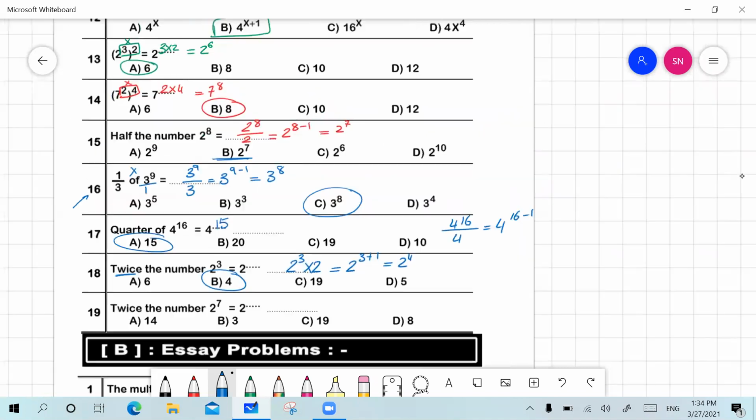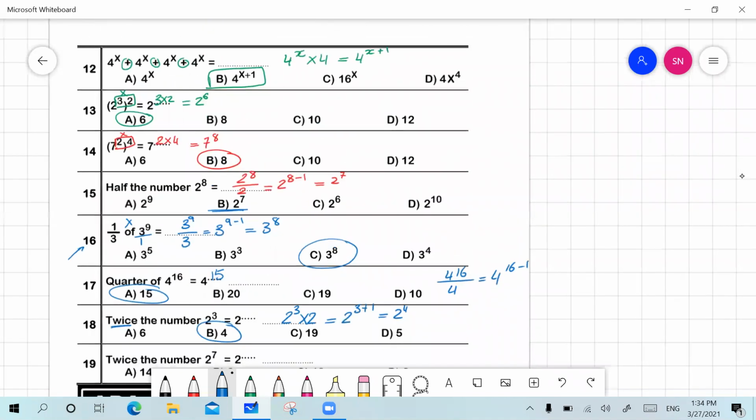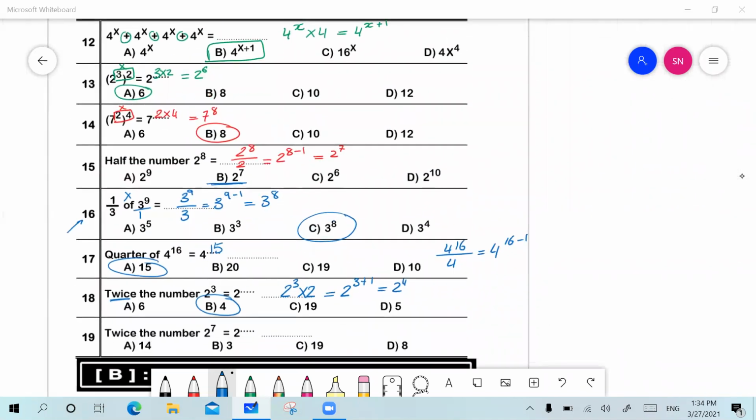Look, Malak, when I tell you 1 over 3 times 3 to the power of 9, for example, okay?